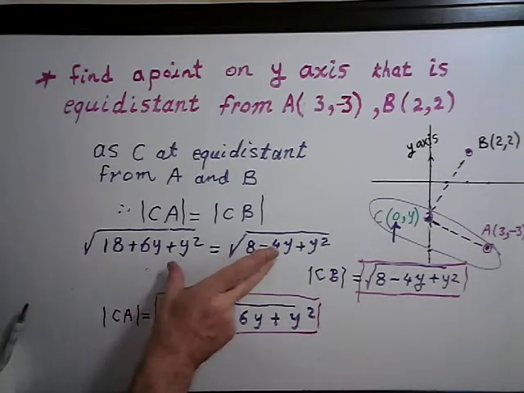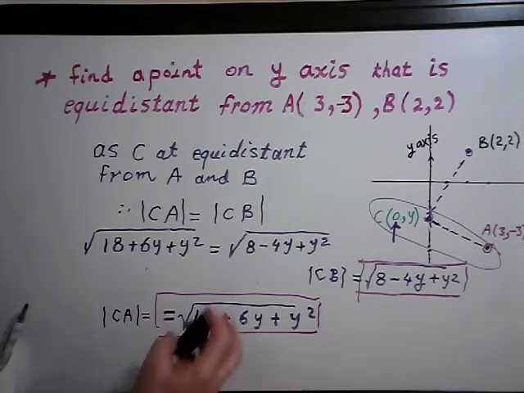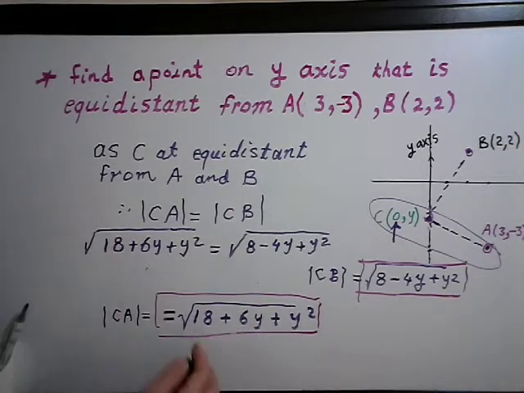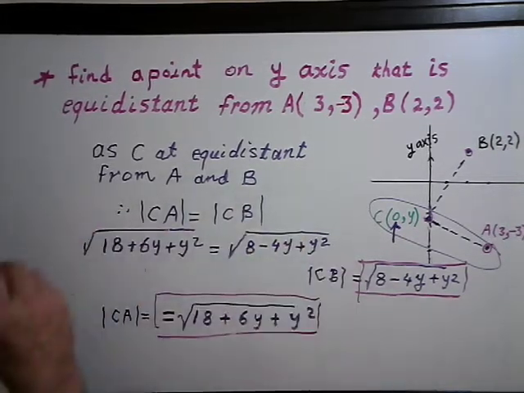Because those are equal, and here is a square root and here is a square root, we can remove the square root by squaring the two sides.